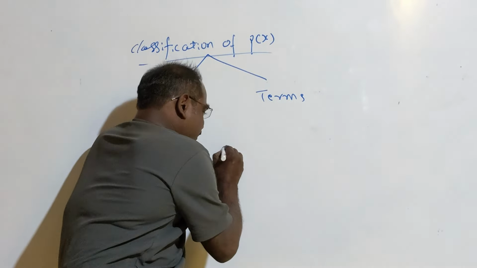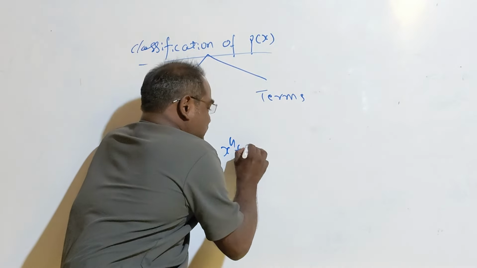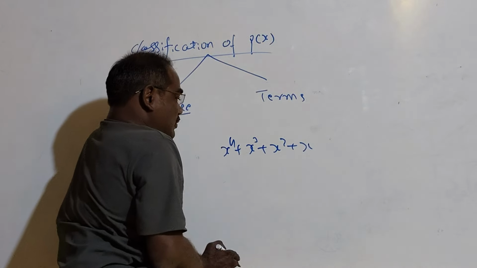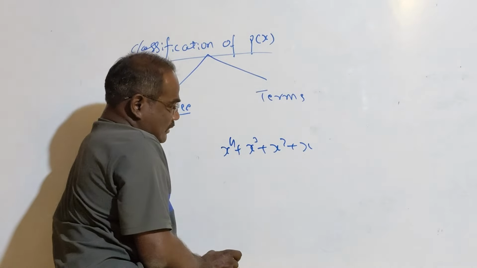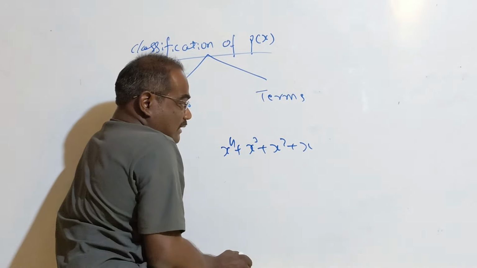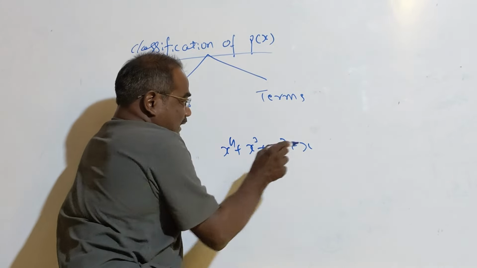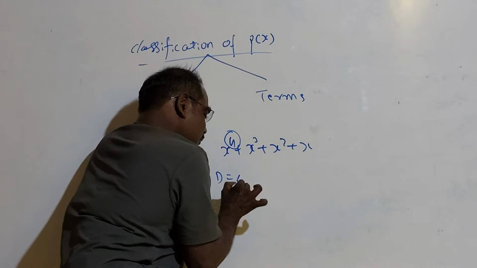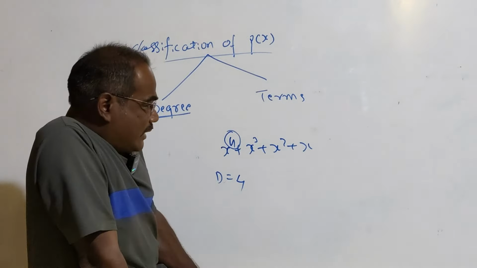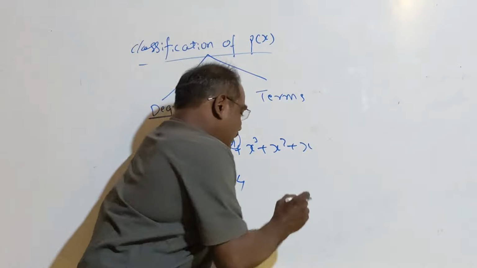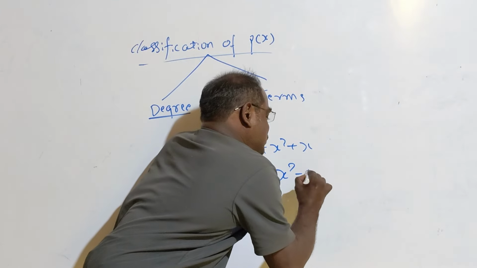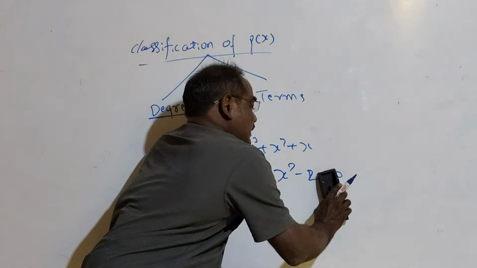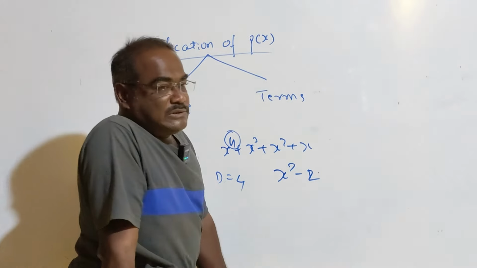Let me take one example: x power 4 plus x power 3 plus x square plus x. What is the degree? The variable is x and the highest power of x is 4. Hence the degree becomes 4. Next, x square minus 2 equal to 0.